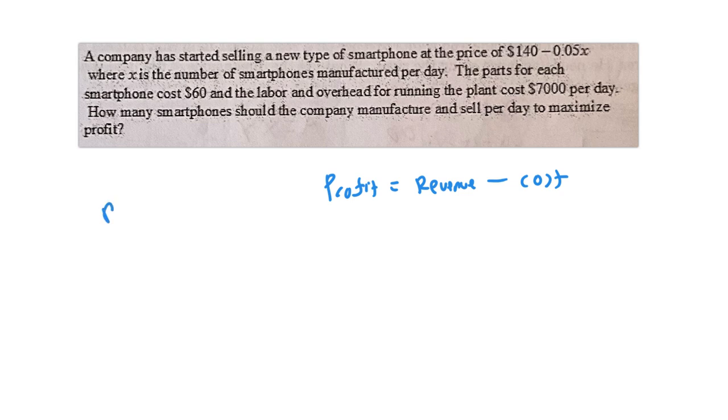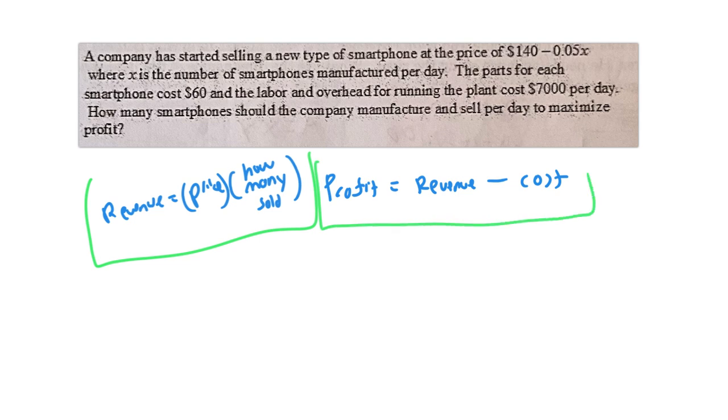And revenue, you could say, is the price of a product times how many you sell. So already we have this sort of thing and this sort of thing to deal with. Now, this is the king formula.